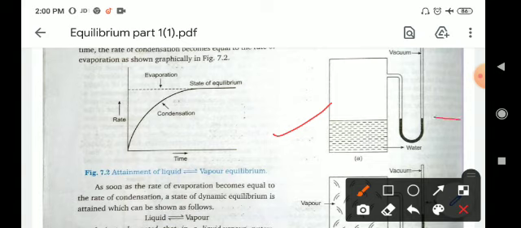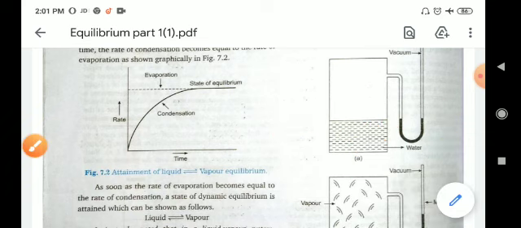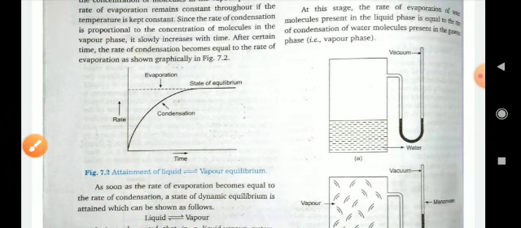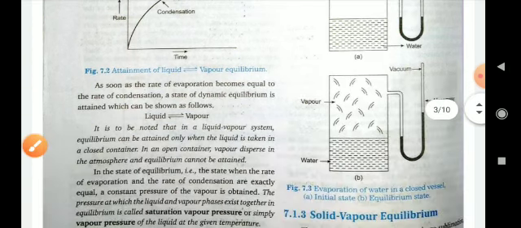When you start heating this liquid, water vapors will come into this open area and exert a pressure on the system, due to which the level of mercury will start going upward.